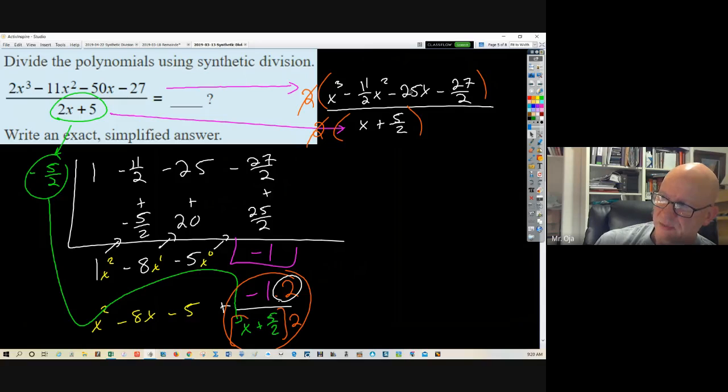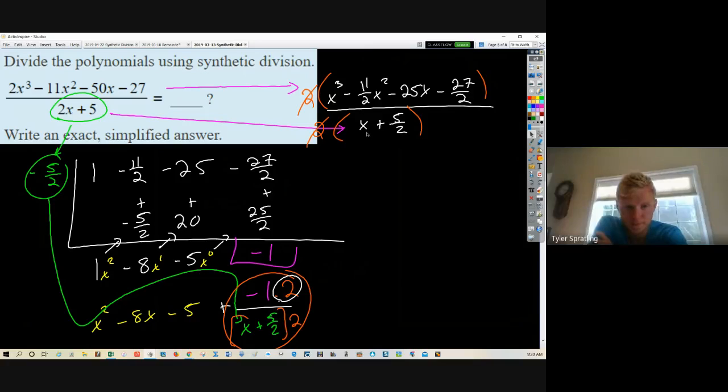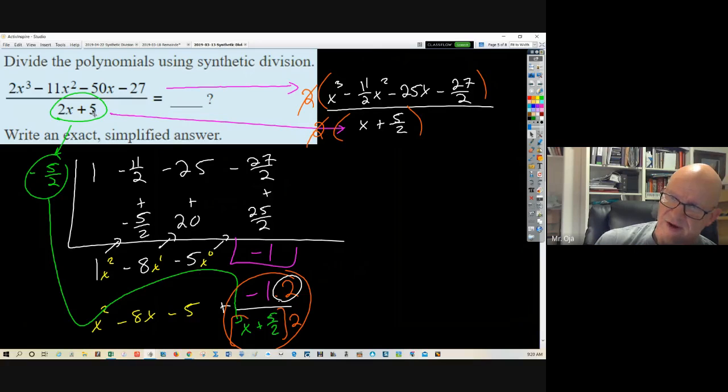When I factor out a greatest common factor, in this case, we're forcing a factor that isn't really there. Like in the bottom, if I were to undistribute a 2, what would I have left? The first term, I would have whatever I get when I divide that term by 2. Well, 2x divided by 2 is just x, right? Right. 5 divided by 2 is 5 halves. And then I would have this 2 out in front.